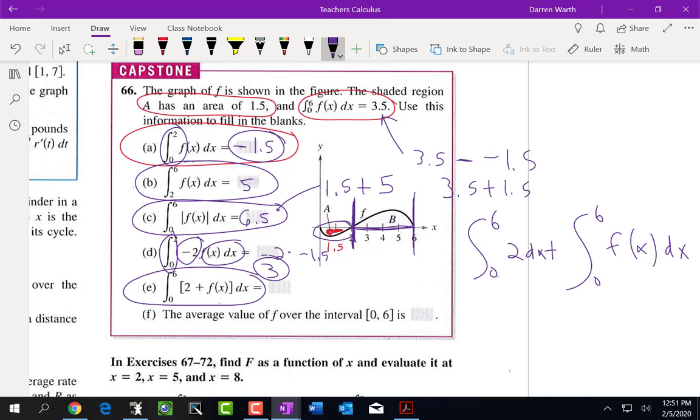I broke it apart at that plus sign because for the 0 to 6 of f of x, I already have that answer right up here. That answer is 3.5.